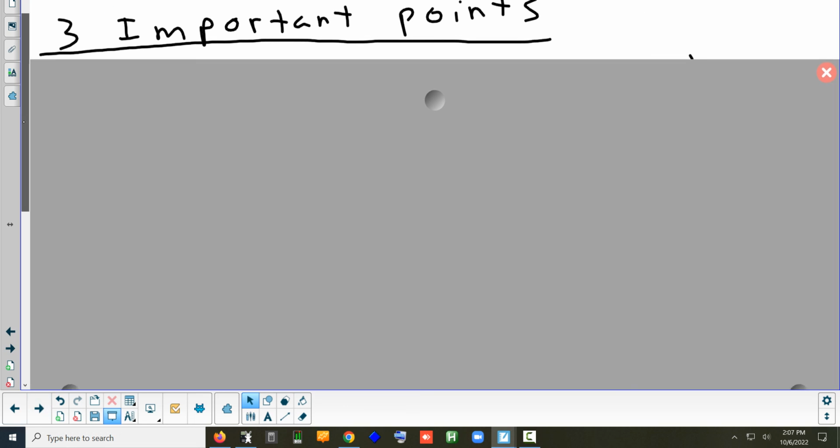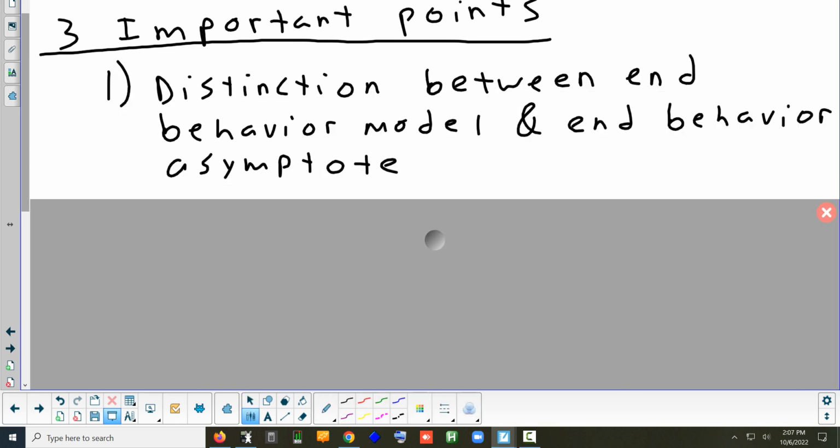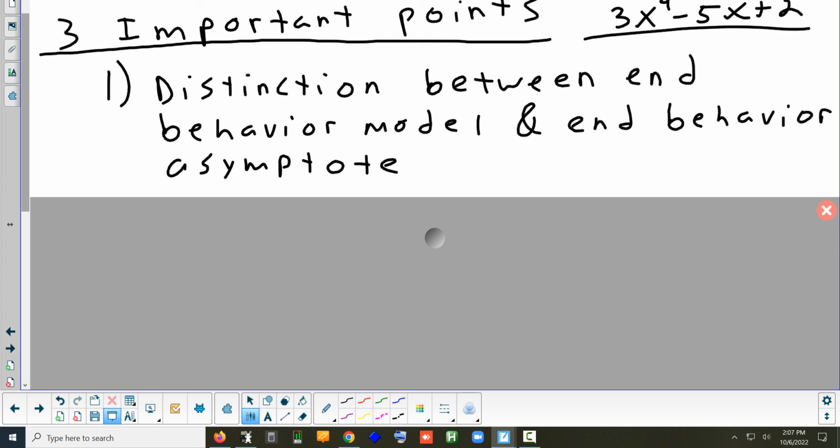So let's summarize a couple things, and then we'll try to sketch. There's a difference between an EBM and an EBA. EBM is what we learned yesterday. EBM is simple.